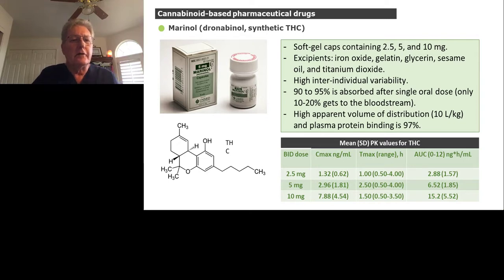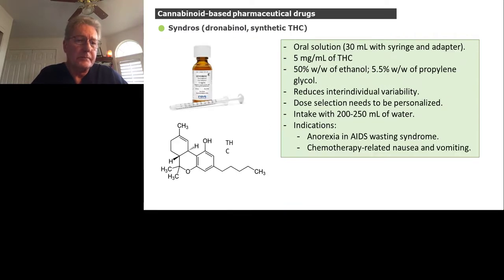So there is actually a lot of data on synthetics, starting with dronabinol, synthetic THC. This is a soft gel capsule that's swallowed. What's interesting is you have a 90 to 95% absorption rate, but only 10 to 20% gets into the bloodstream.